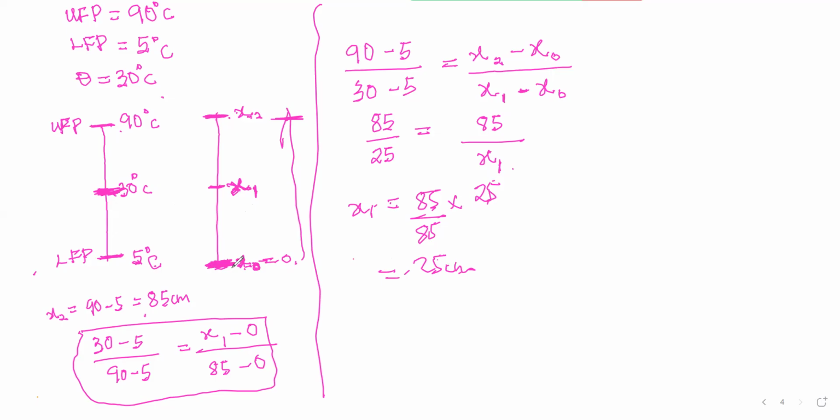Okay, so I'm reading. The distance between the upper fixed point and the lower fixed point of a thermometer is 25 centimeter.